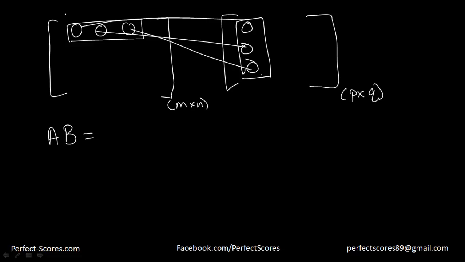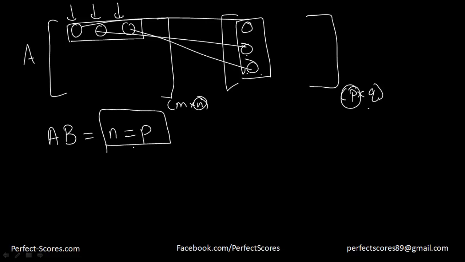So the number of columns for this matrix A should be equal to the number of rows for this matrix B, right? Why is that? Because this information should completely match this information.